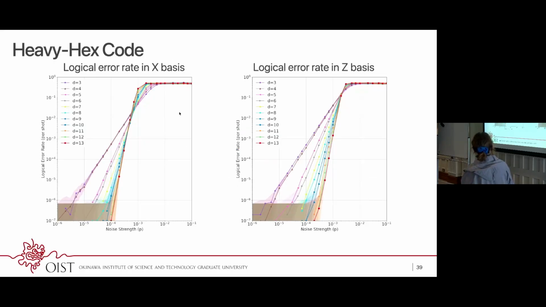So since the stabilizers in the X spaces behave like a Bacon-Shor code, we didn't observe a clear cross point here. Therefore it does not have a clear threshold here. However, in the Z basis, which has the surface code-like behavior, they have a clear cross point here.